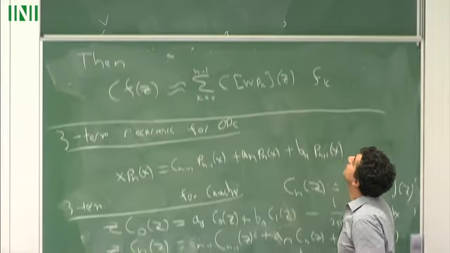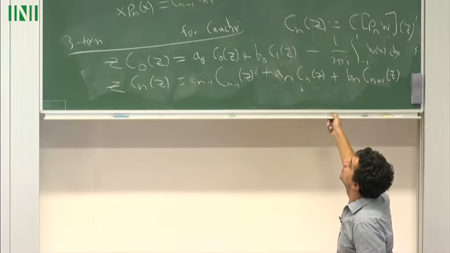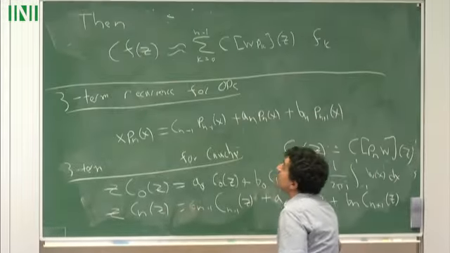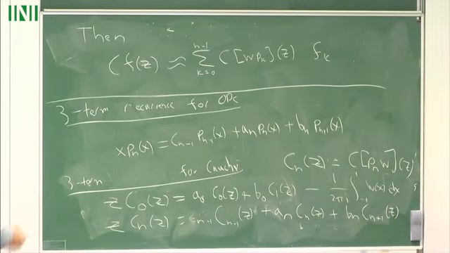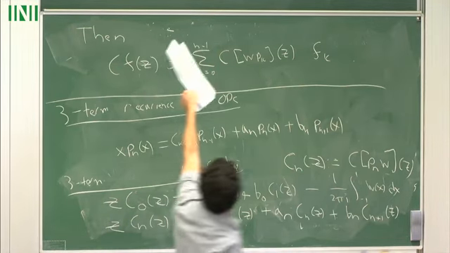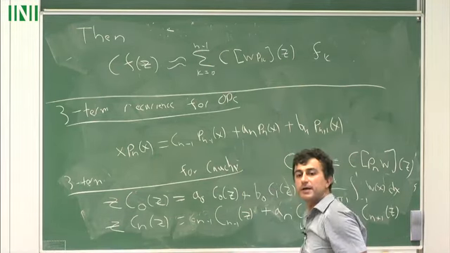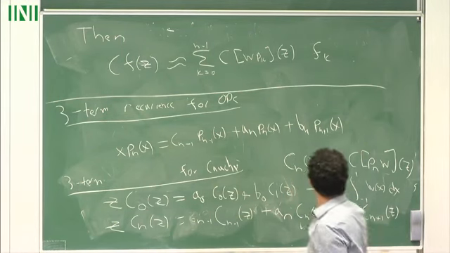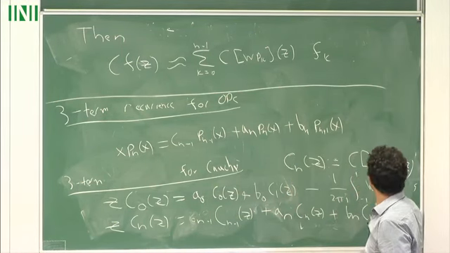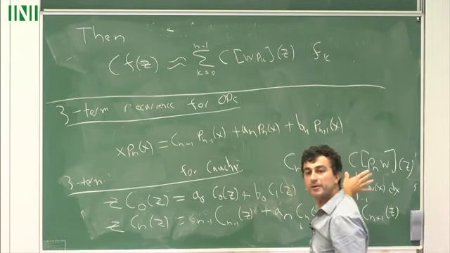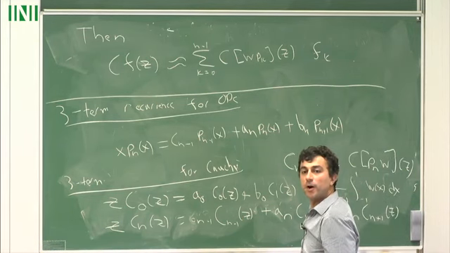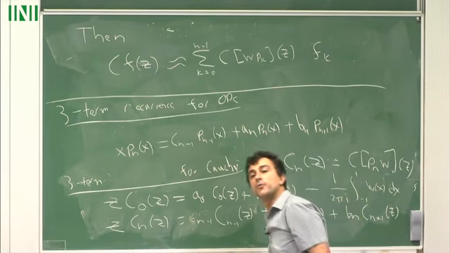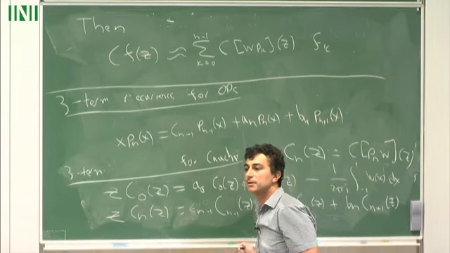For example, if we want to know the Cauchy transform of Legendre polynomials, we use the fact that we know the Cauchy transform of P_0, it's just that log thing there. And then we know the integral from -1 to 1 is 2, so we know that term. And then we find out all C_n of z from the three-term recurrence.